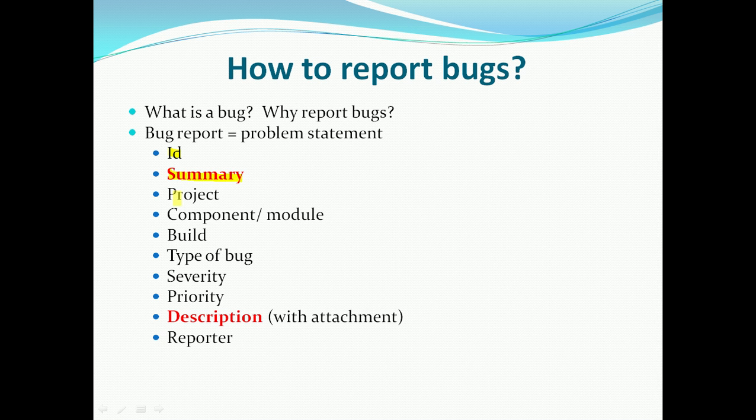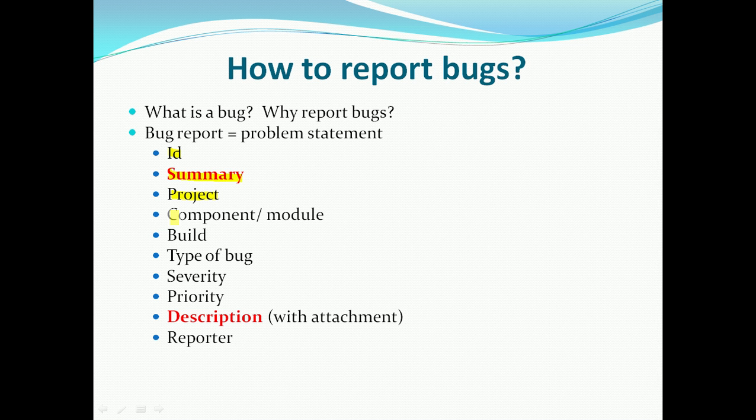Depending on how the defect tracking or bug tracking system is set up, there may be other data that you need to provide. Some of the other important data is the project where you found the bug. You may have to type the name of the project, or more commonly select the project value from a drop down. Then within the project there can be multiple components or modules.